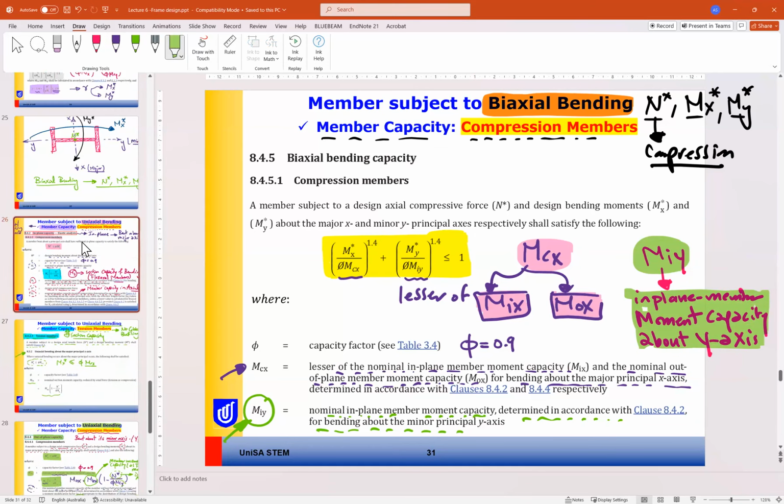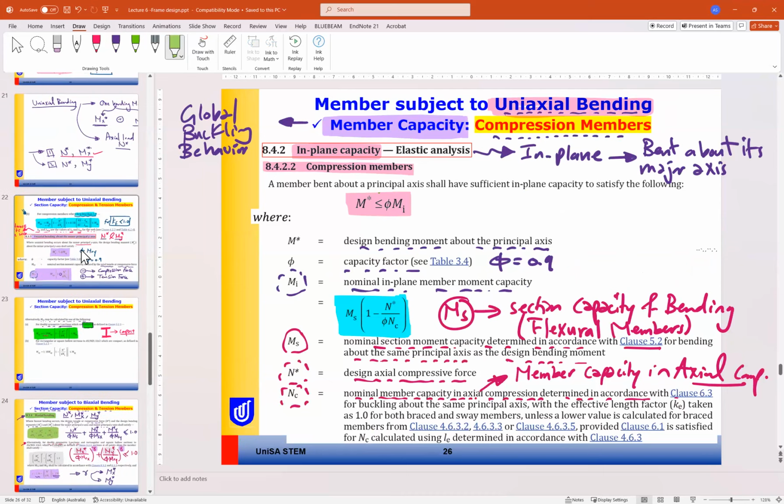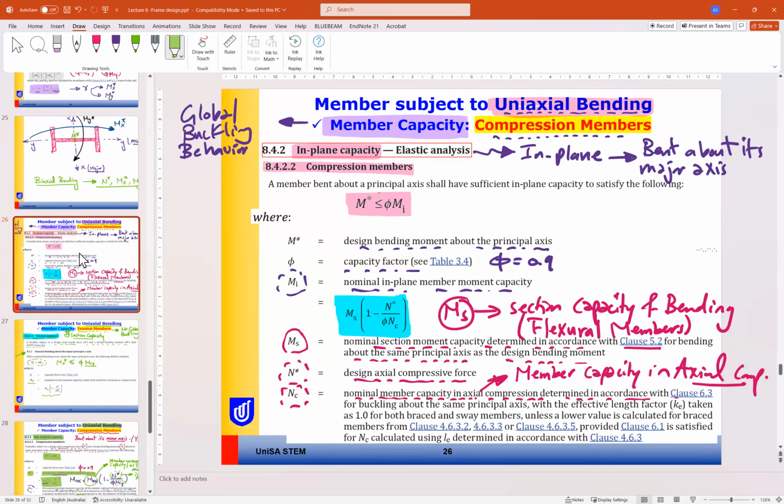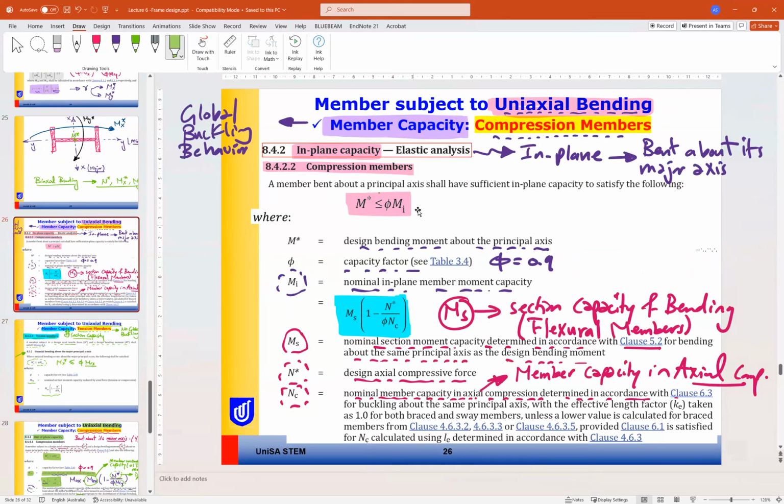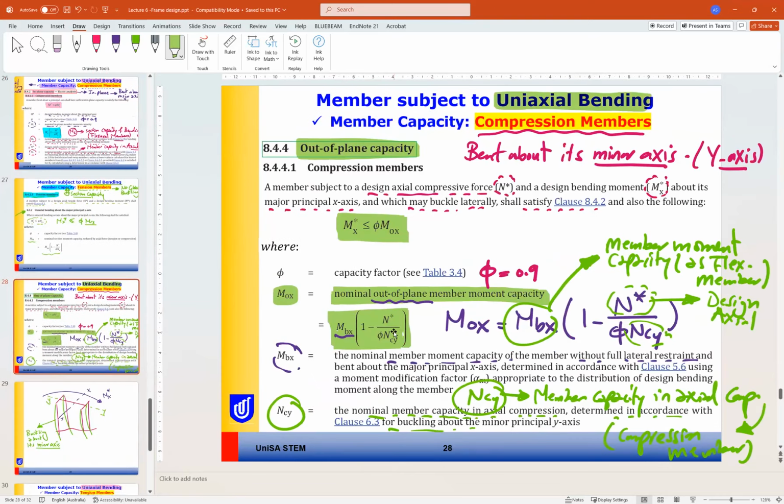So if we go to our in plane capacity, you will find it using this part here. MI will be the nominal in plane member capacity, MS times 1 minus N asterisk divided by phi NC. So what does this mean?